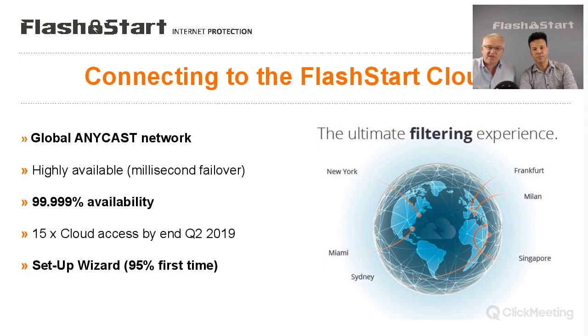And if through some unforeseen event, from a data center failure to an earthquake, you lose that access point, the underlying network automatically will connect you to the next best contact point.